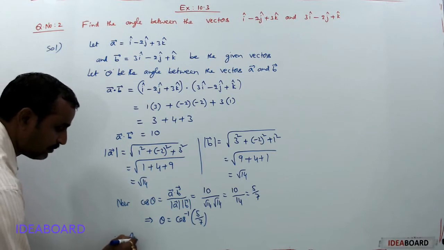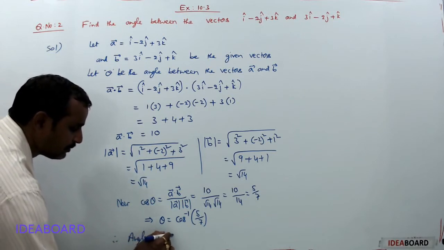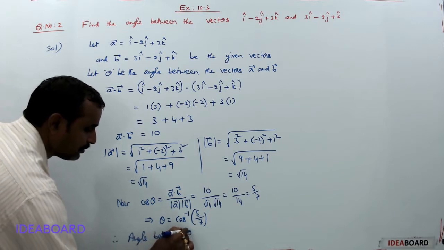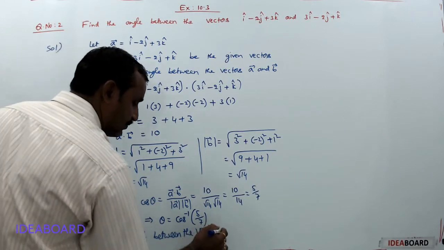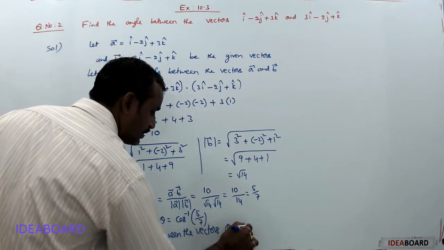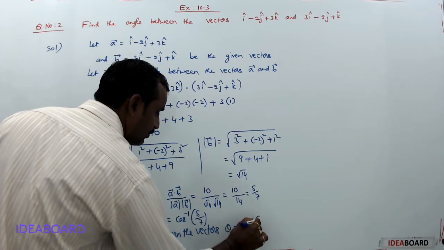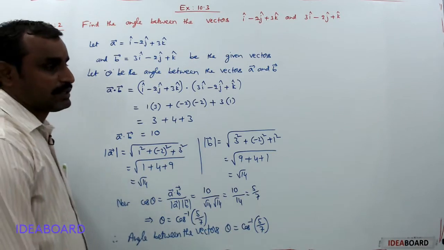theta is equal to cos inverse of 5 by 7. This is the required solution for this question.